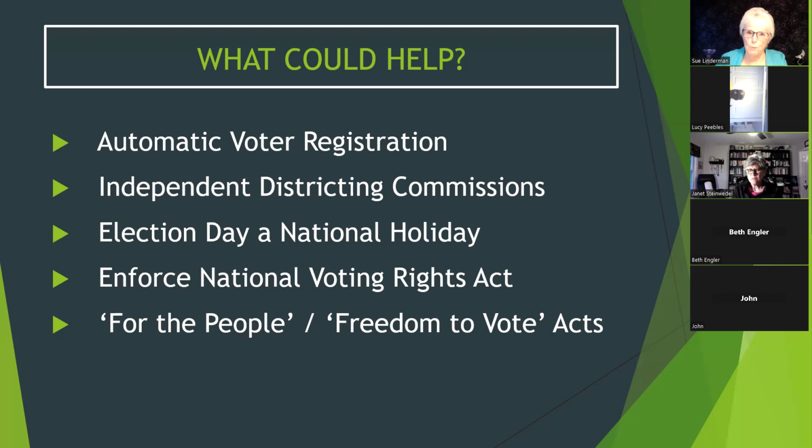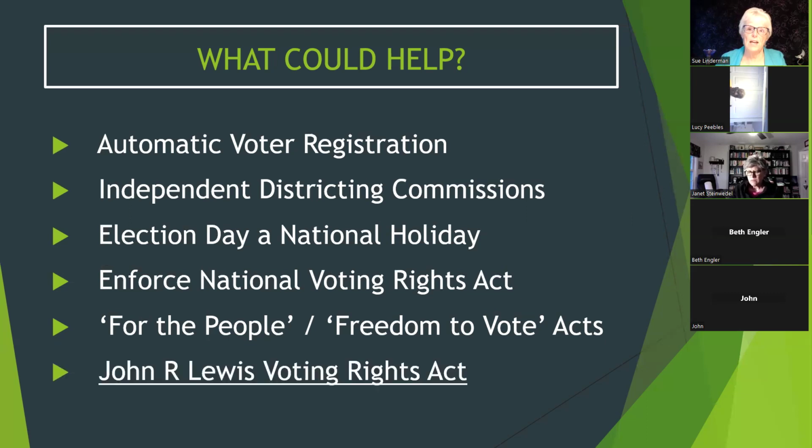And so the For the People and the Freedom to Vote Act, and importantly, the John R. Lewis Voting Rights Act, which is the replacement for the Voting Rights Act of 1965 that restores the formula for covered jurisdictions, that requires pre-clearance, that stops the incredible rate at which enfranchisement is being limited.